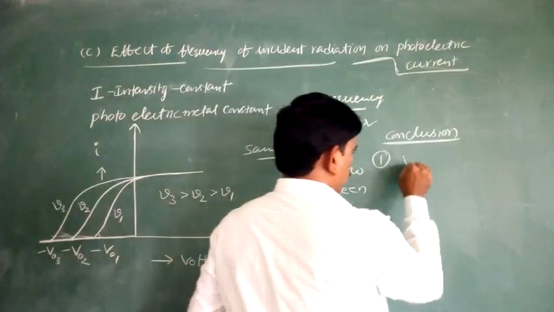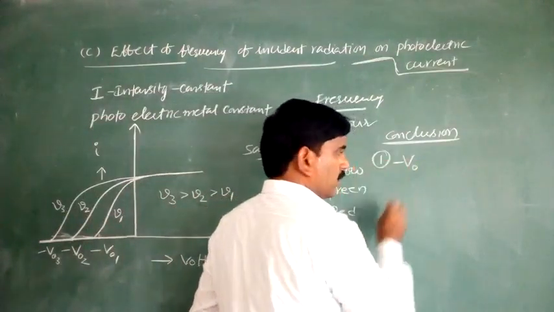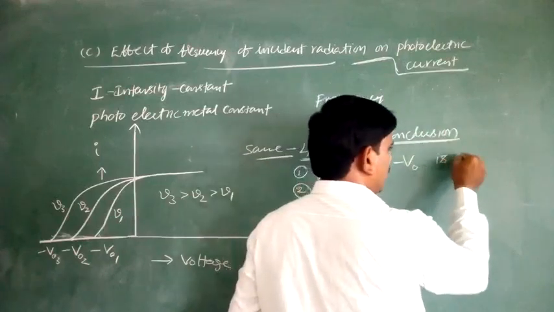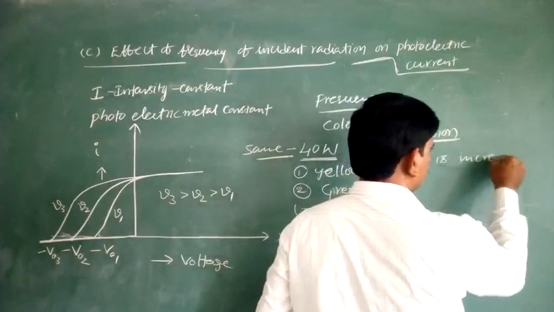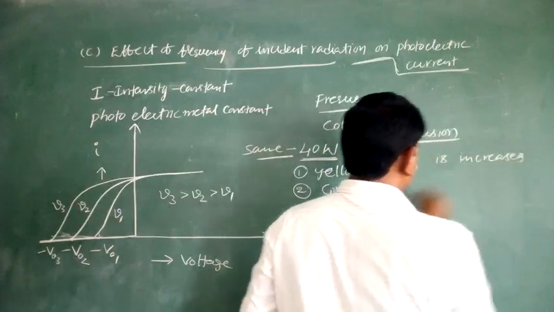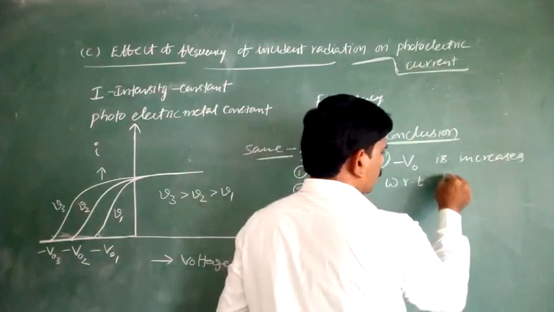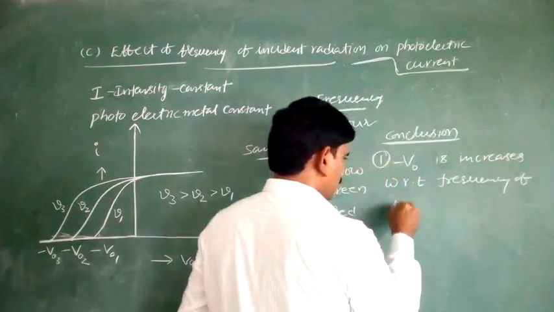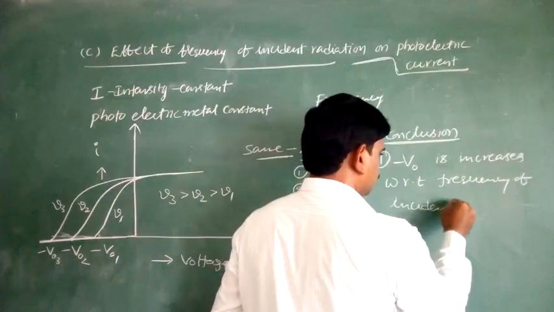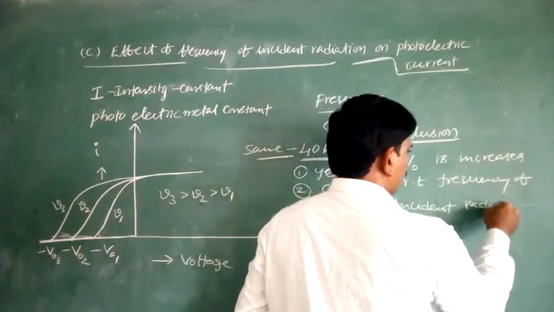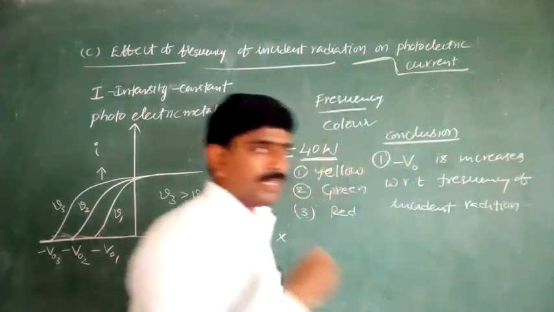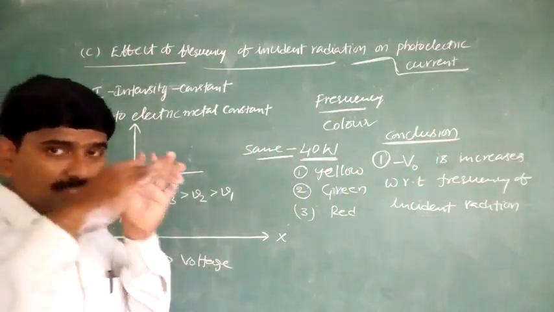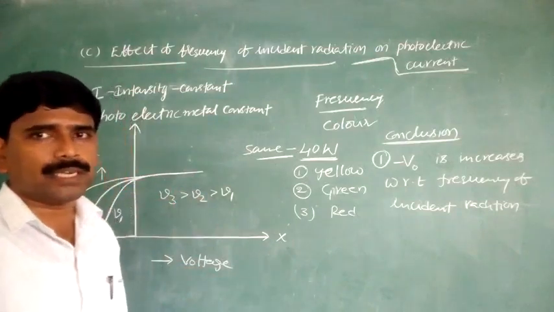The stopping potential V0 increases with respect to the frequency of the incident radiation. When the frequency of the incident radiation increases, the stopping potential also increases. When the frequency decreases, the stopping potential decreases.